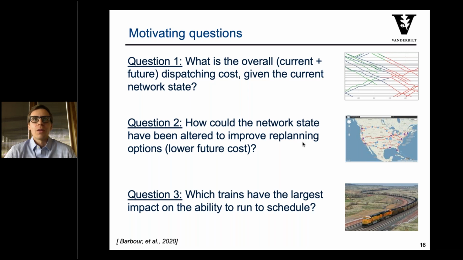And I'll explain more about exactly what that means in a little while. We'll also look at how the network state could have been altered to improve replanning options into the future. So this is a hypothetical question about what could have been done differently in the past. And we'll also look at which trains have the largest impact on the ability of the network to run to its original schedule.